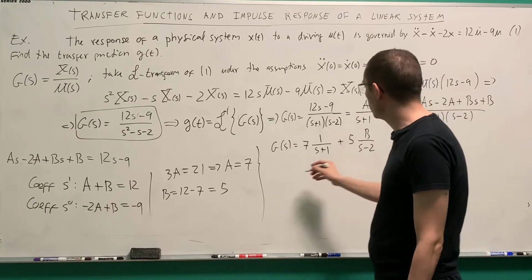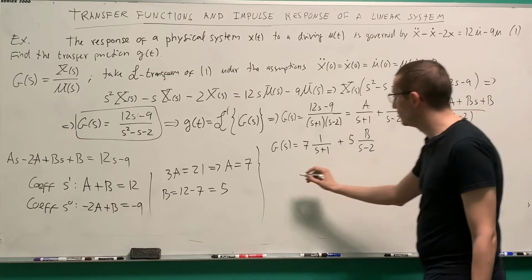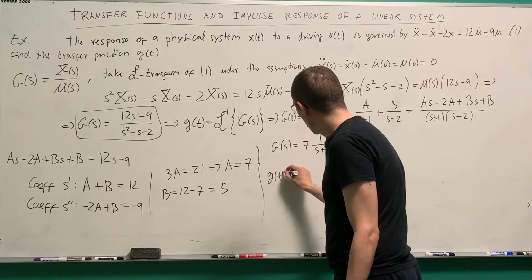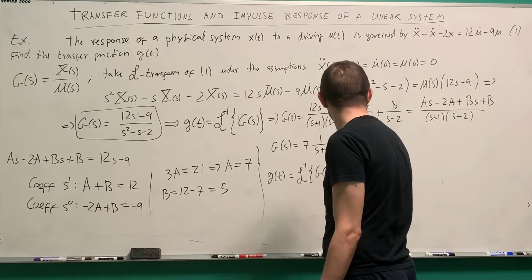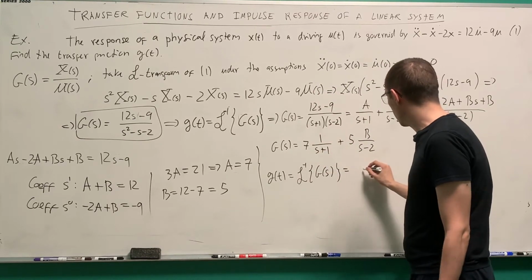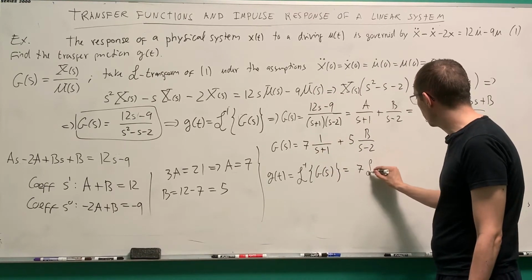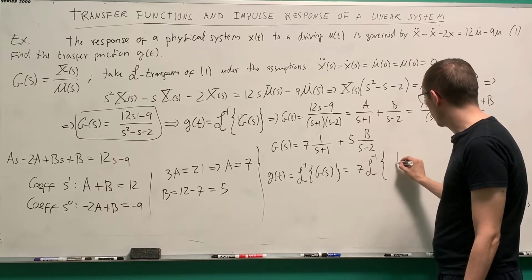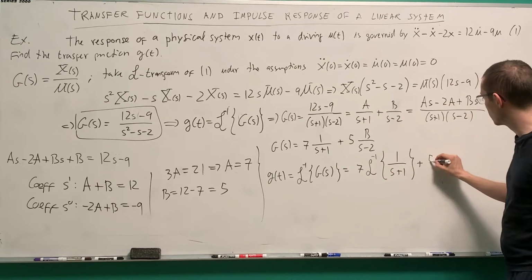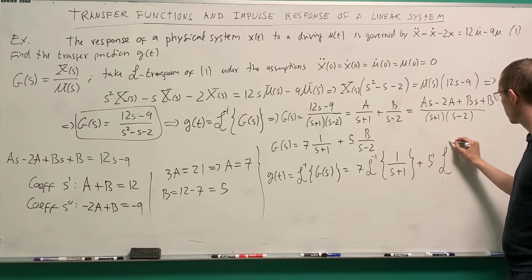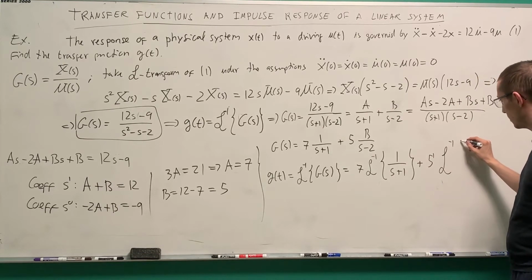All right, so now finding g of t is very simple. It's just the inverse Laplace transform of G(s), as we wrote already up there. And that thing is 7 times the inverse Laplace of 1 over s plus 1 plus 5 times the inverse Laplace of 1 over s minus 2.